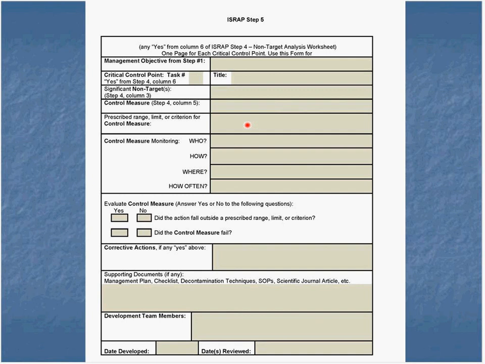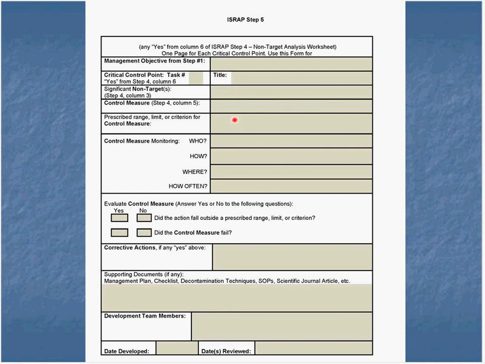What this is really saying is that if you decide your control measure is to freeze your gear, the limit or criterion is that the gear has to be frozen, so it needs to go below 32 degrees Fahrenheit. That's something you would want to put in for the limit or criterion in this section.